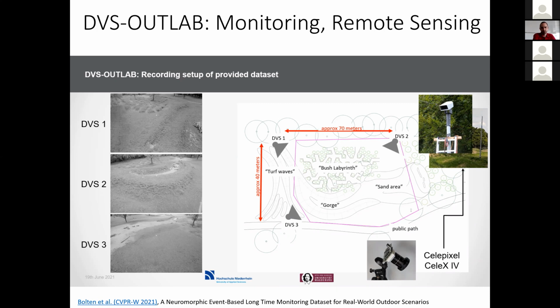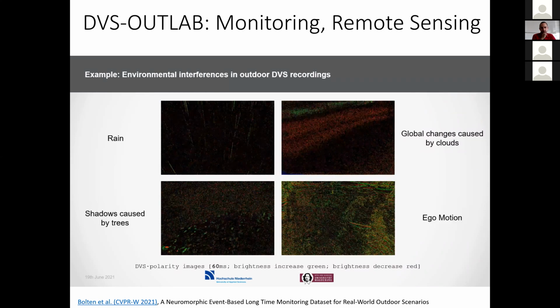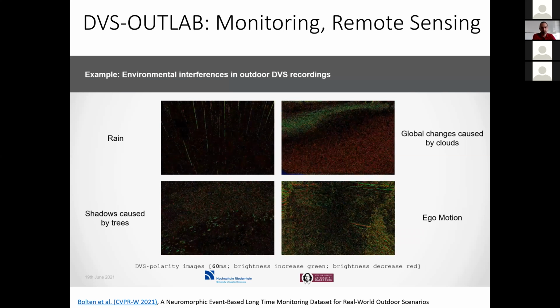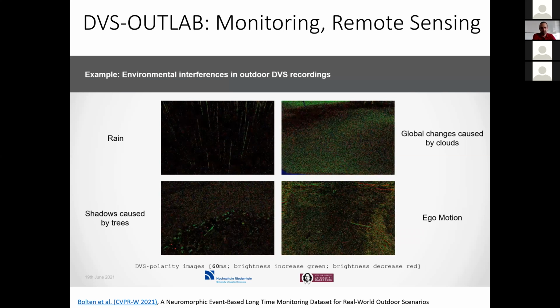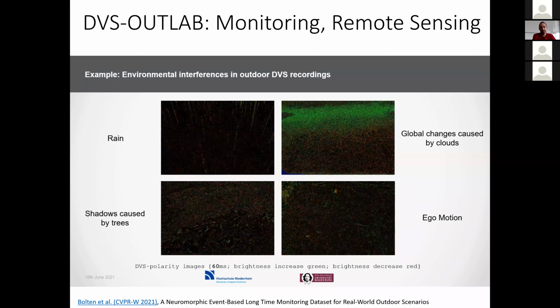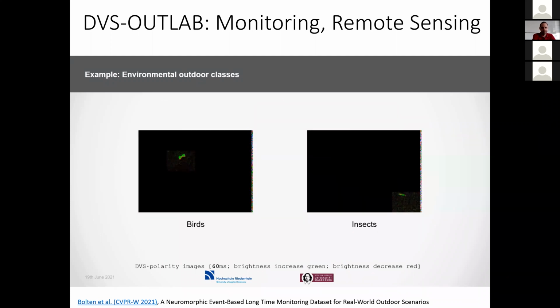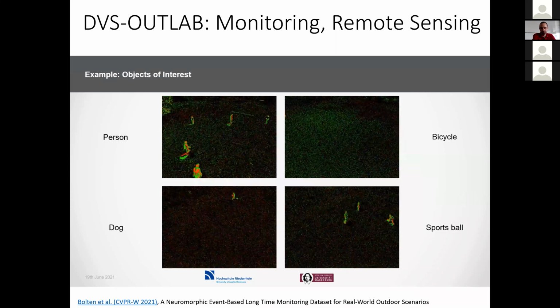It was recorded for the long term. As we can see, these are the types of environmental interferences, such as rain, clouds, ego-motion, sometimes when the camera is shaking, or other disturbances, shadows. And it's funny to see that things such as birds and insects flying around are captured, and this could be used to analyze them.